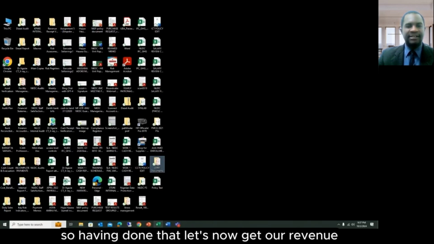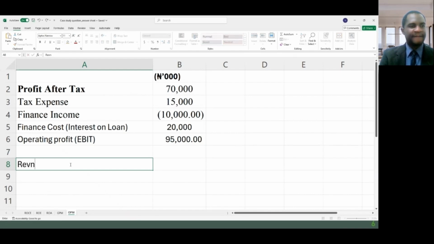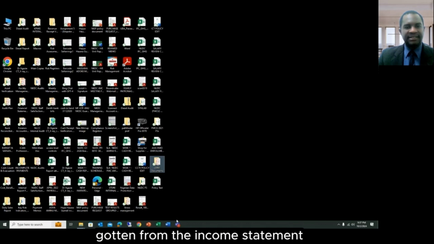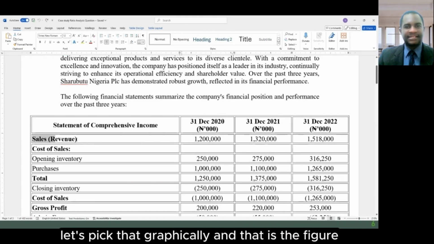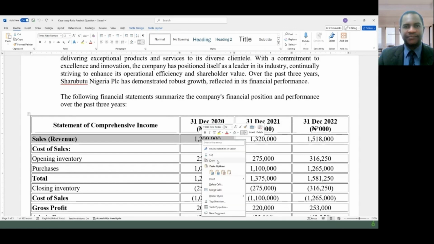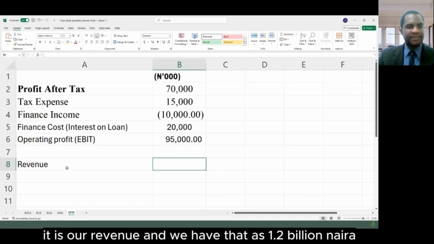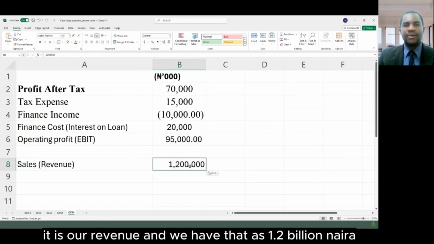Having done that, let's now get our revenue figure, starting from the income statement. That is the figure: our revenue is 1.2 billion naira.